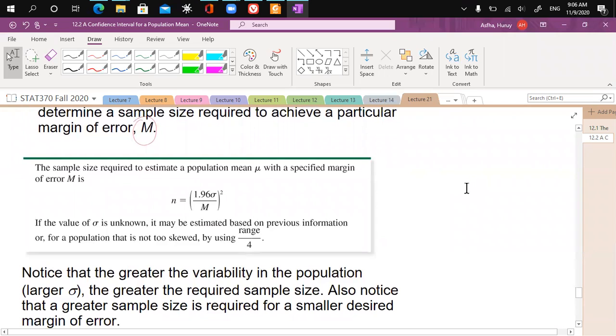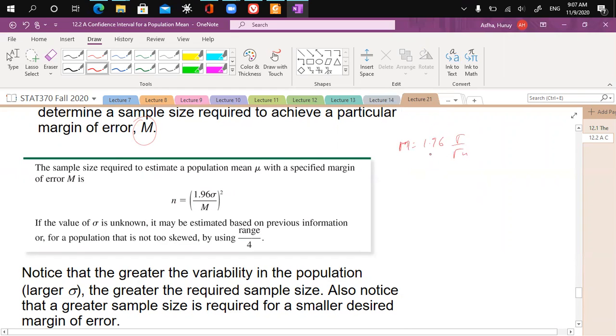So the sample size required to determine a population mean mu with a specific margin of error m is given by n equals 1.96 times sigma over m, the whole squared. This comes just from solving the margin of error m equals 1.96 sigma over root n.